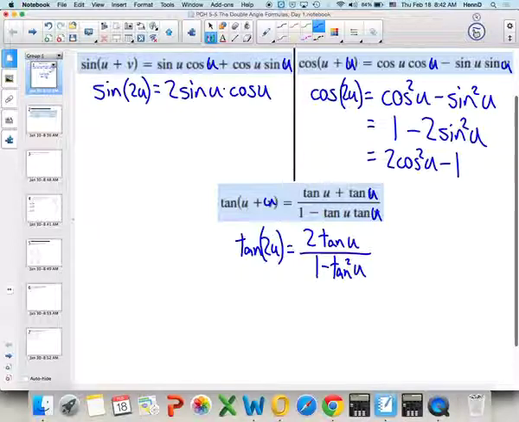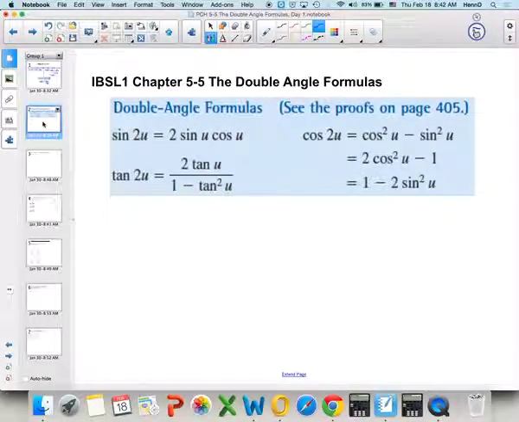If we have the cosine of 2u, it's any one of these 3. And this is important to remember because there are going to be different occasions where using different ones is helpful. We'll see that later. And with tangent, it's 2 tangent of u over 1 minus tangent squared.